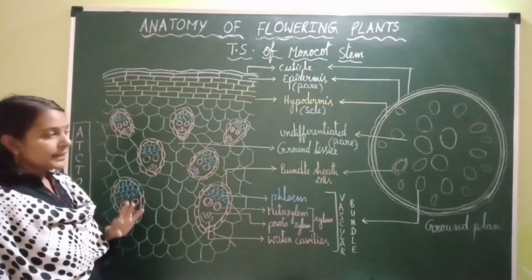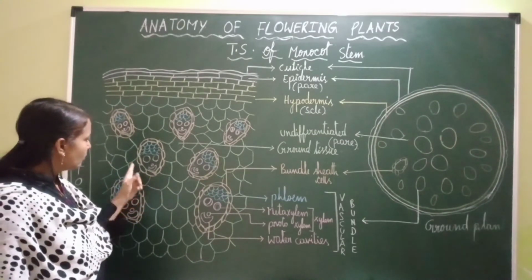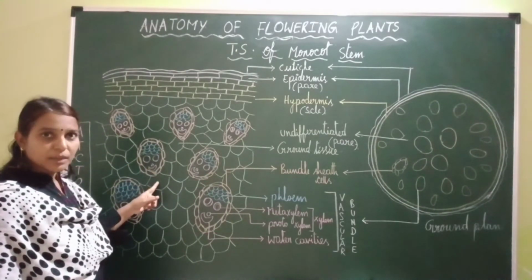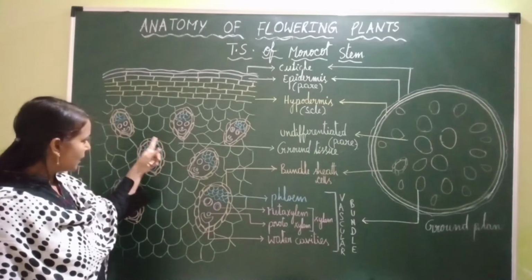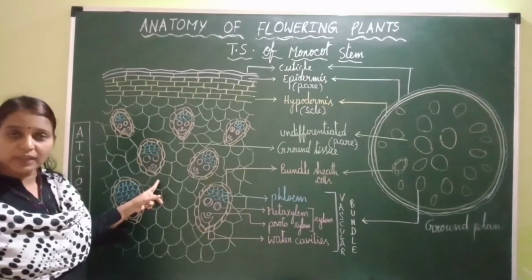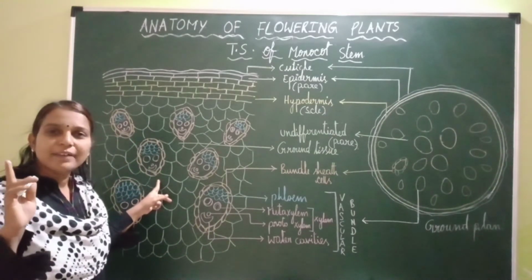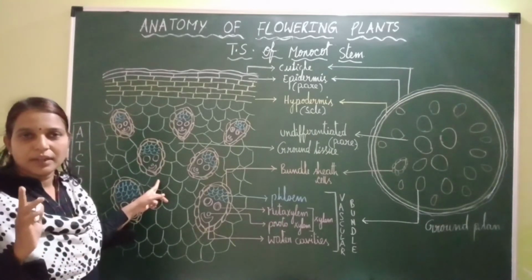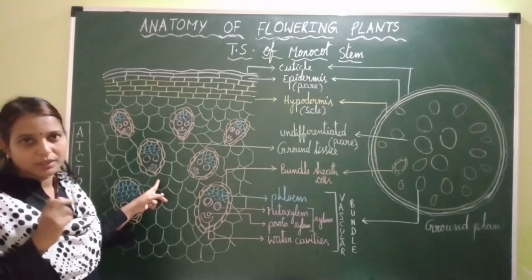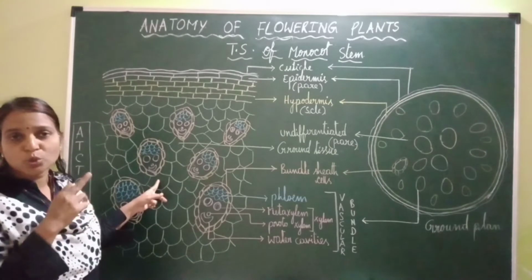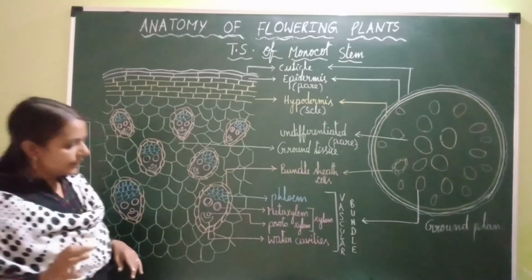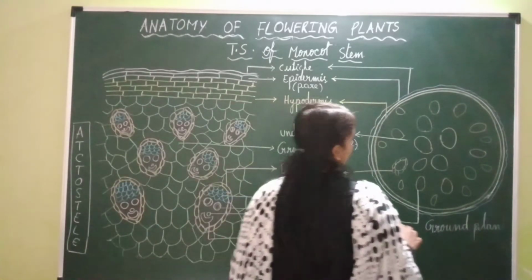These vascular bundles are almost oval in outline, whereas in case of dicot stem, vascular bundles are wedge shaped, W-E-D-G-E, wedge shaped. Here vascular bundles are almost oval in outline. Now let's see what type of vascular bundles are present.